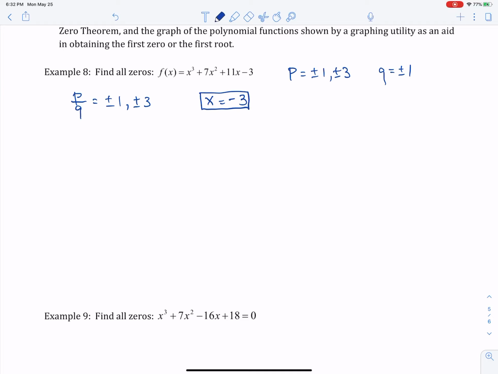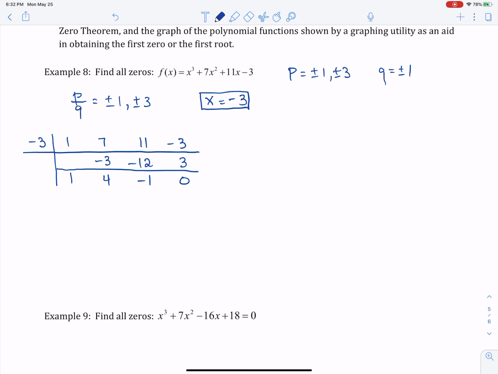Of course, to be able to find the rest, we need to factor this polynomial. So use synthetic division, 1, 7, 11, and -3. Divide by -3. Bring 1 down. 1 times -3 is -3. 4. 4 times -3 is -12. -1, and -3 times -1 is +3, so 0.